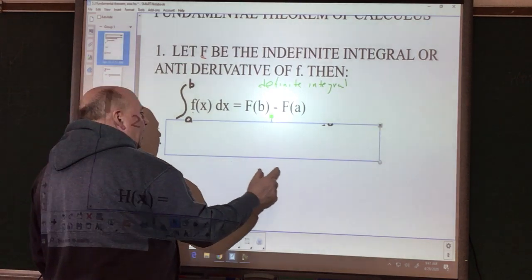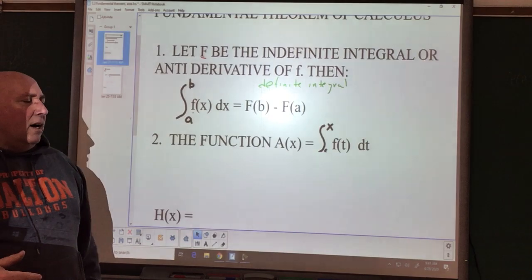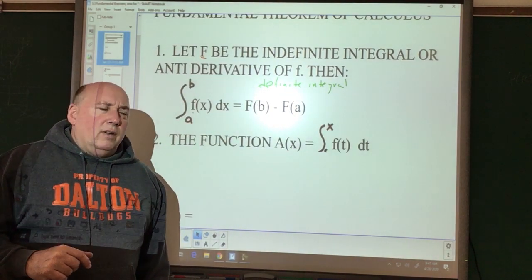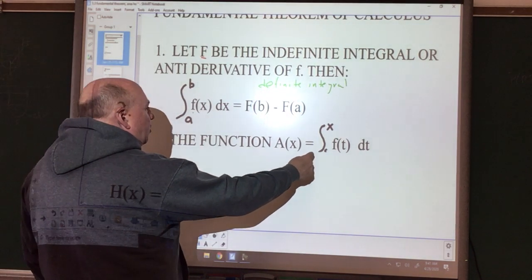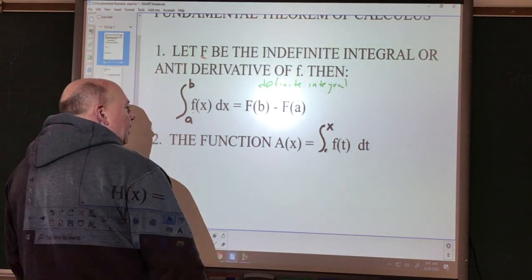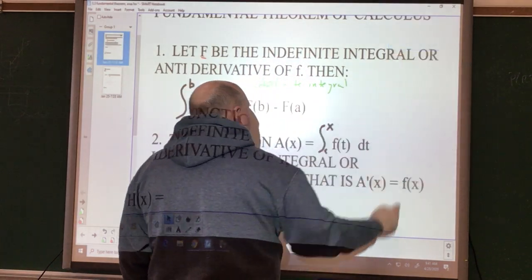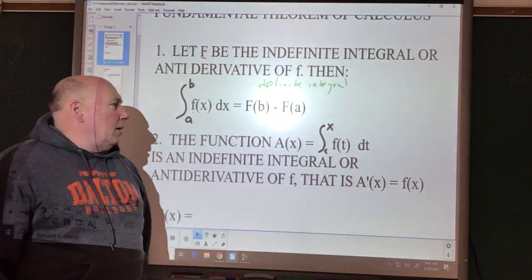The second aspect deals with the idea of taking the derivative of the antiderivative. Let the function A of x equal the definite integral from c to x of f of t dt.